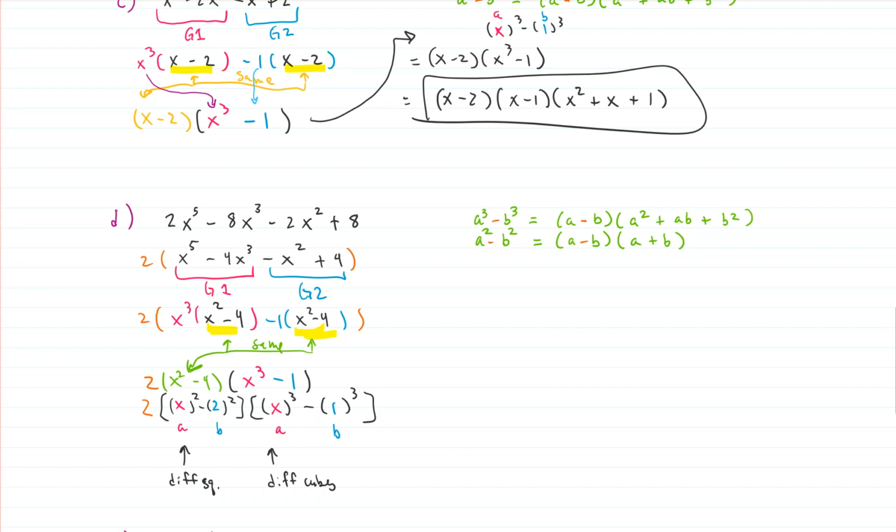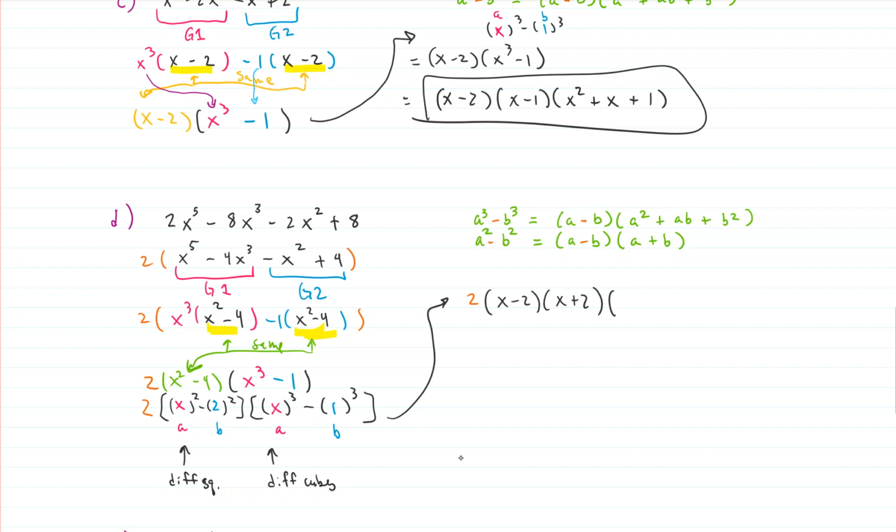So now we've identified a and b for the difference of squares and the difference of cubes. We can just literally write out the answer. So let's do that. And remember, we have a 2 hanging out in front of us, but we're now doing the difference of squares. So we have x minus 2, x plus 2. There's the difference of squares. And the x cubed minus 1, so the difference of cubes, we can write that out too.